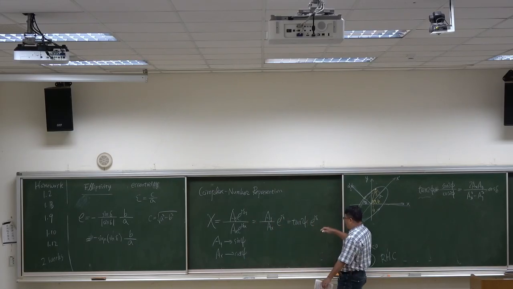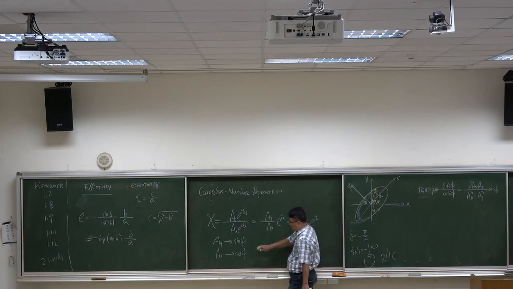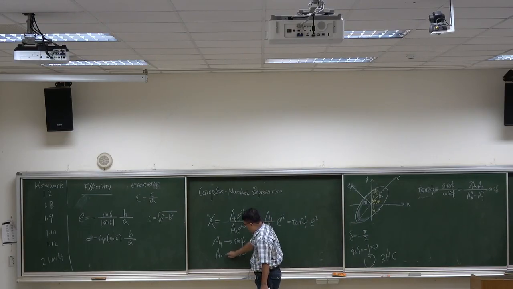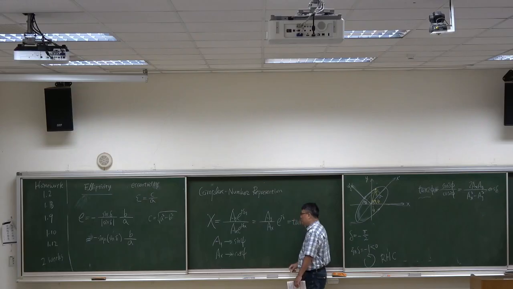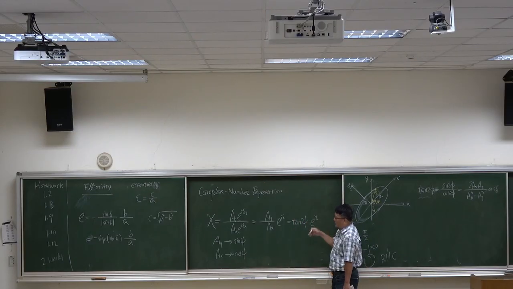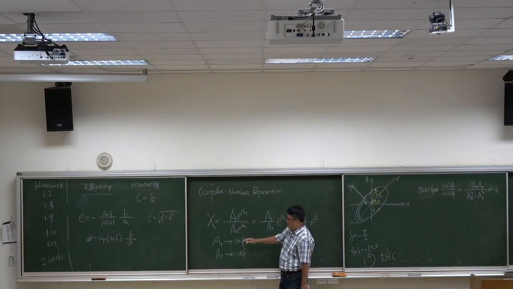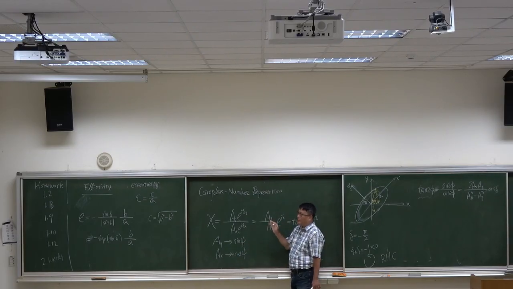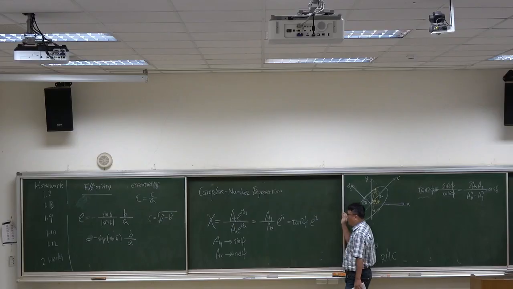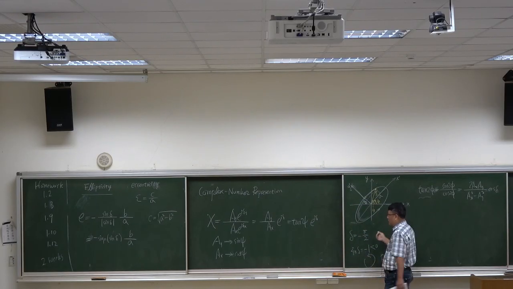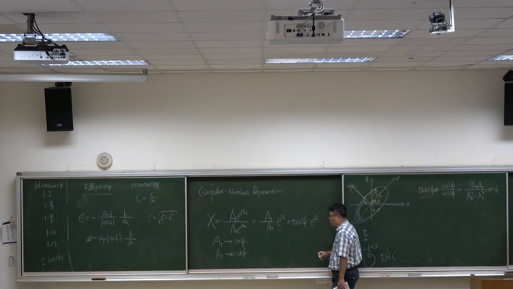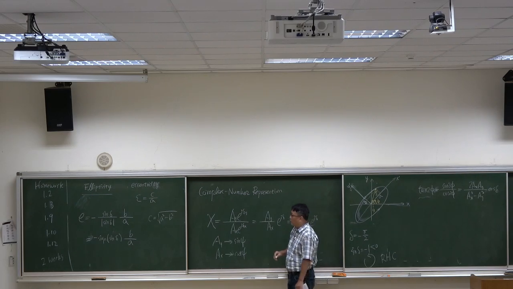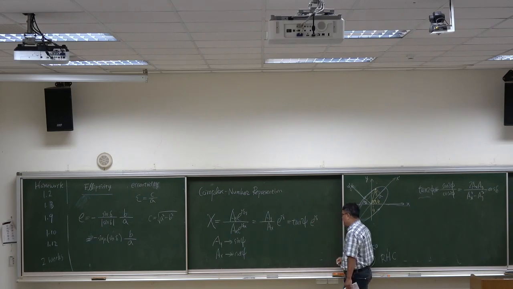Then the ratio between them becomes tangent psi. The reason will be clearer when we meet the Jones vector. You will understand later why we correspond ay to sine psi and ax to cosine psi, because later we will introduce another representation of the polarization state called the Jones vector representation.